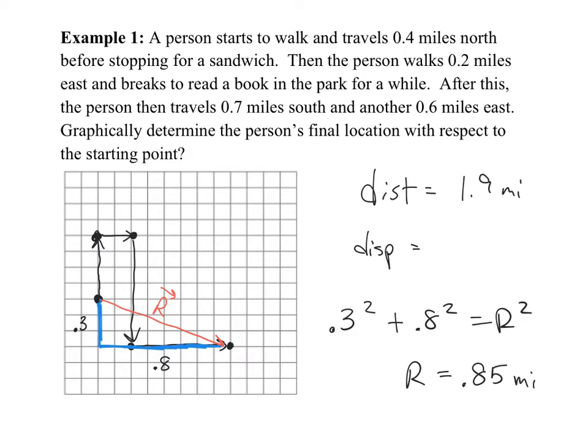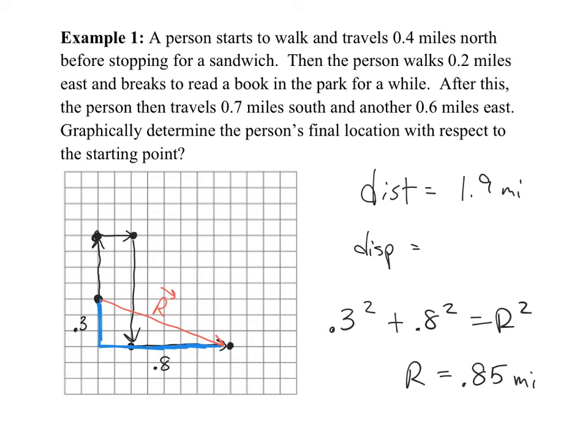All right, so that's the length of the vector r. It's the length of it. How do I find the direction with respect to the starting point? What do you think, generally speaking, it is, Rich?